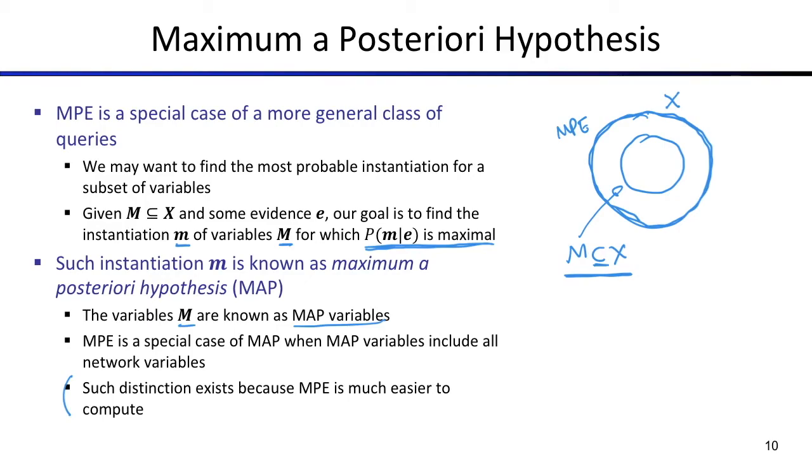But the idea is that MAP queries involve a marginalization. We have to eliminate those variables that belong to X but do not belong to M. And this process adds some computation time. So this is the difference in complexity between the two types of query.